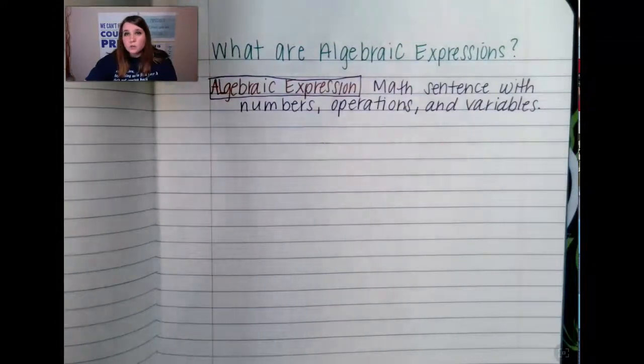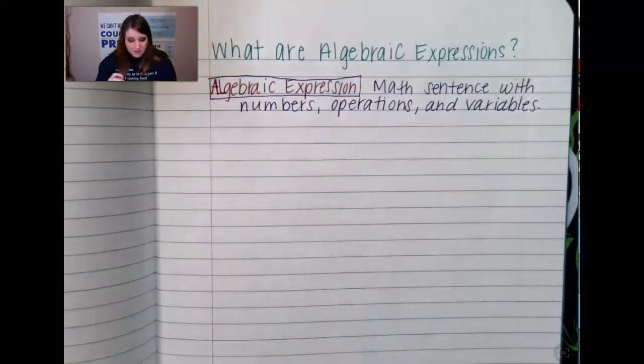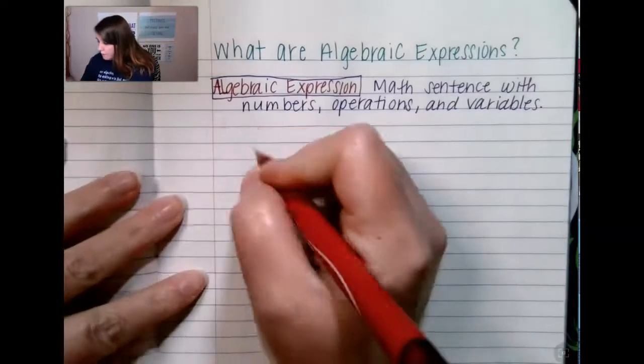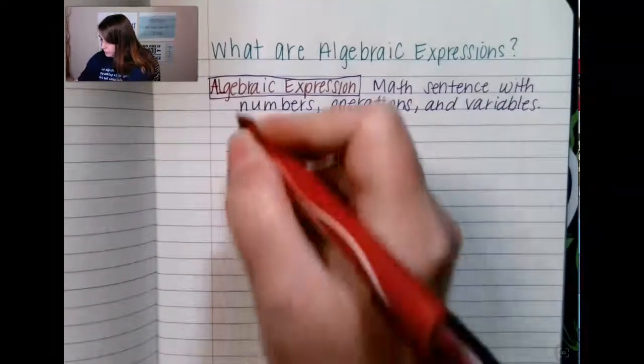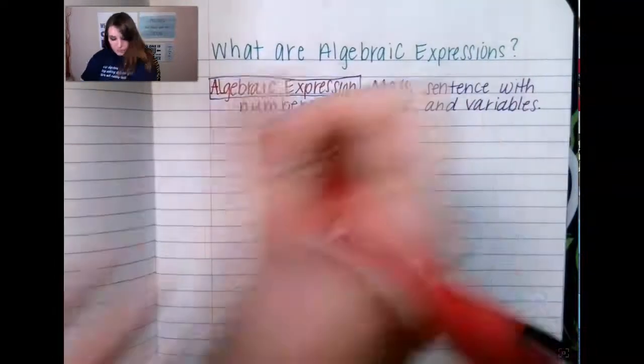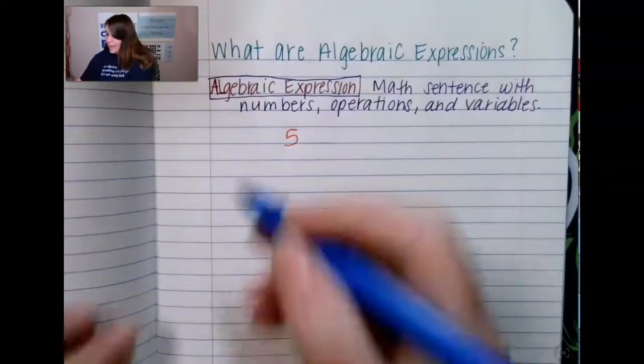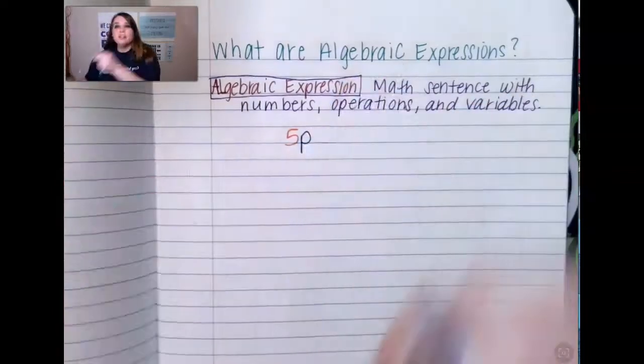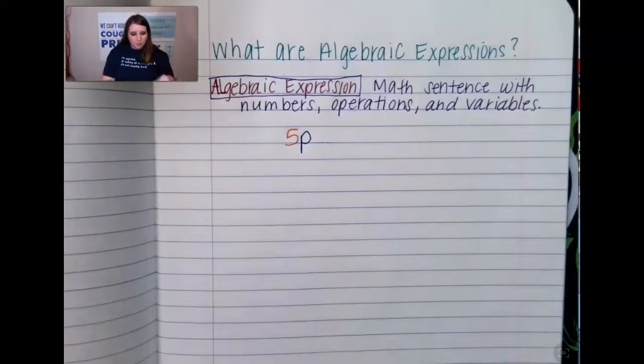Okay, so you would have many different parts here. So you would have a 5 stuck to a letter, like the letter P, for example.